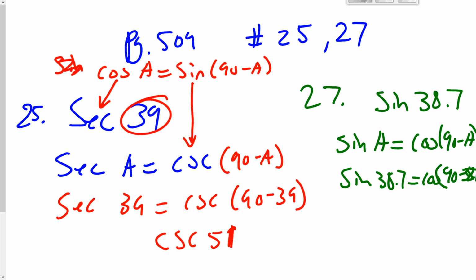And so that'd be 51.3. So cosine of 51.3 is the cofunction of sine of 38.7. They'll have the same answer. Okay, so that's it for this video.